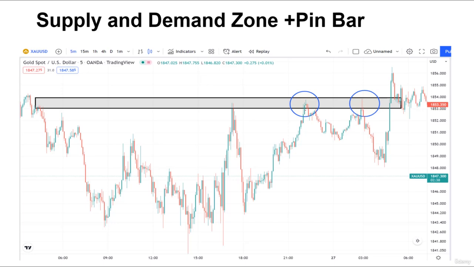Then you could open your position here and take your profit up to this zone. In this way, you can earn a lot. So imagine that you enter here, you put your stop here, and this is TP1 and this is TP2. You can easily take two TPs.